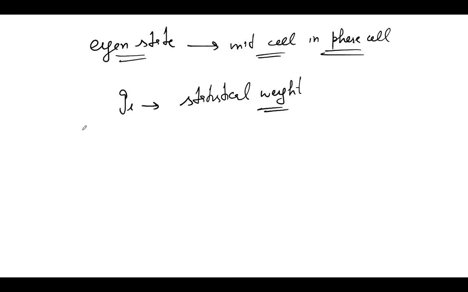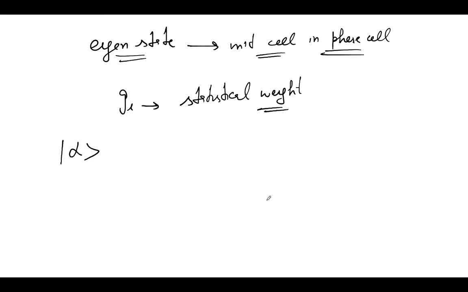Now a pure quantum state of a system is represented by a single eigenvector. If we have a wave function, then we represent this single eigenvector as alpha.